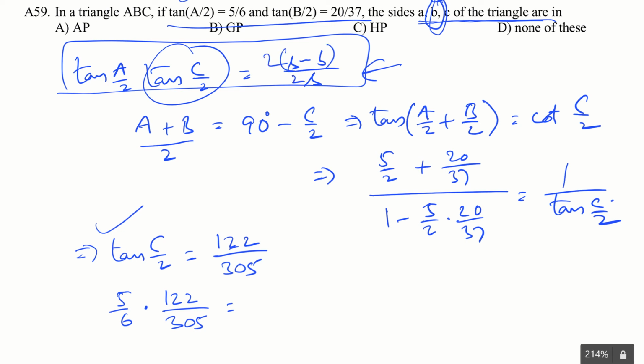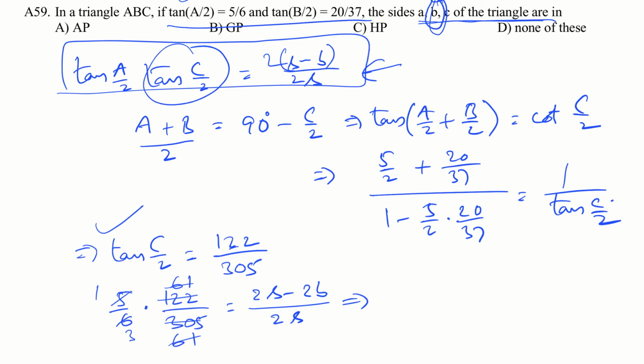So I will get (2S minus 2B) by 2S, making cancellations here. So we observe that ultimately you are getting it as 1 by 3.